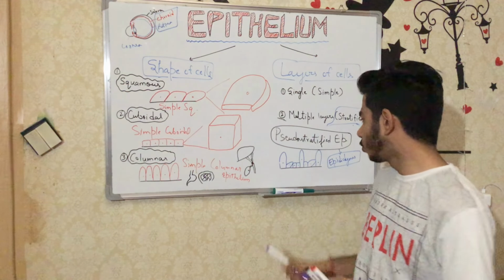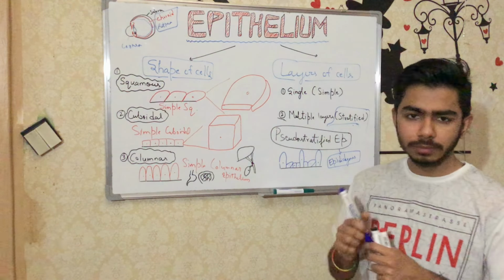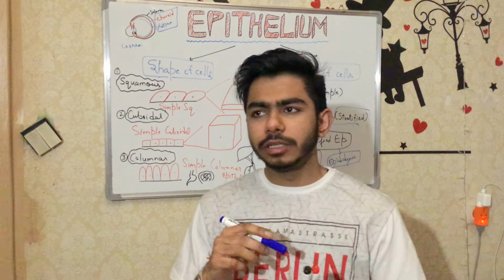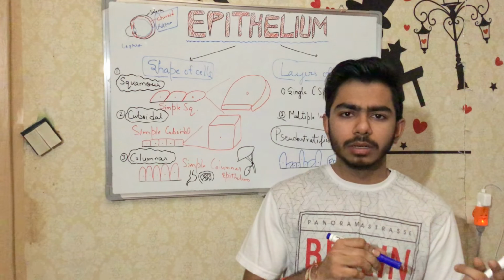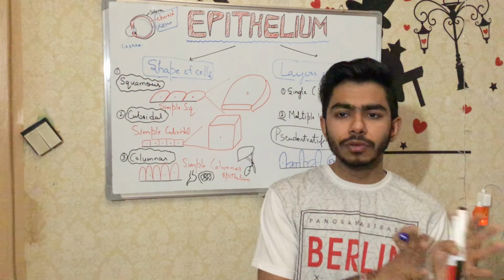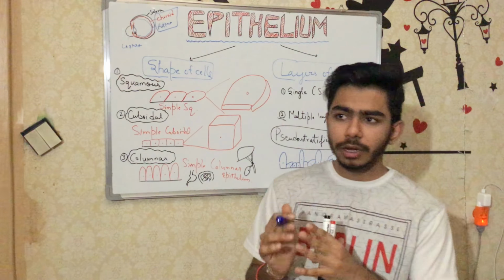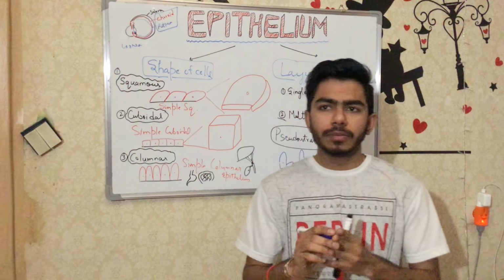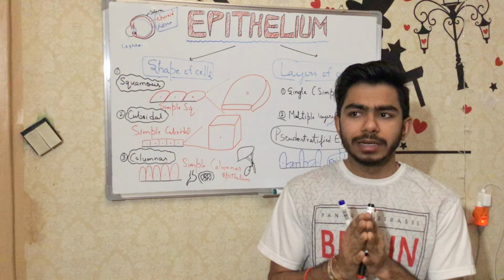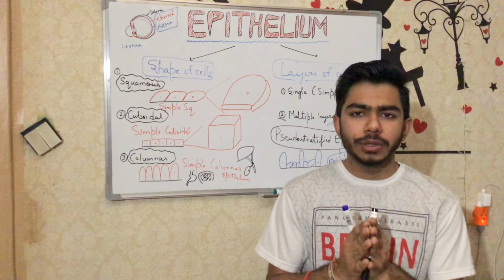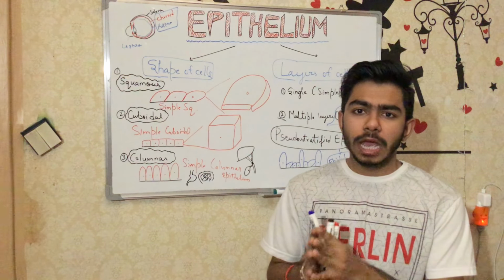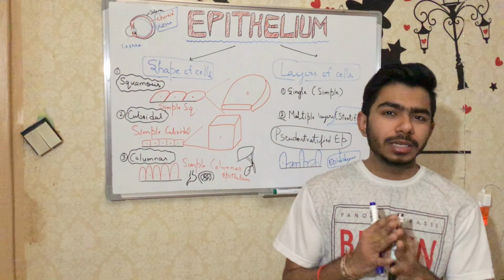The pseudo-stratified is present in the epididymis. What else? The ciliated pseudo-stratified epithelium can be present in the trachea for the moving of the secretions. Now, the ciliated epithelium and the cilia are more important because some unfortunate patients have immotile cilia syndrome.